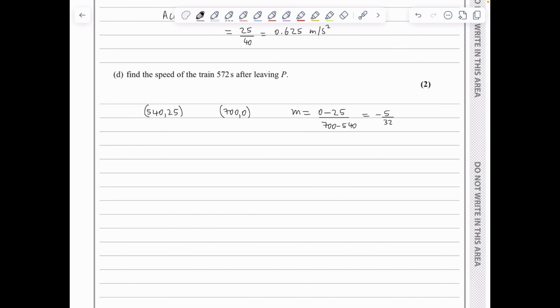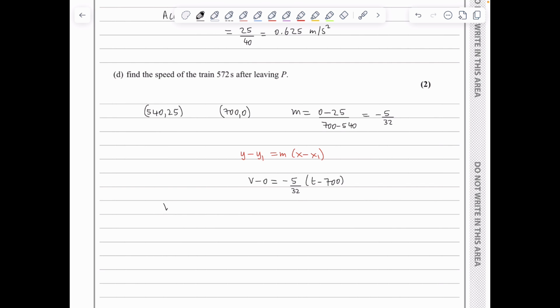I will now use the fact that the straight line passing through the point (x1, y1) having gradient m is given by y minus y1 is m times (x minus x1). In this case, it's not x and y, it's t and v. I'll be using the point (700, 0) for (x1, y1). So we're looking at v minus 0 being equal to minus 5 over 32 times (t minus 700).